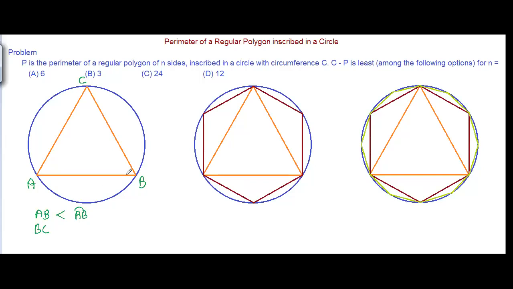Side BC, straight distance BC, is less than this curved distance, that is arc BC. And similarly, CA straight distance is less than the arc CA.